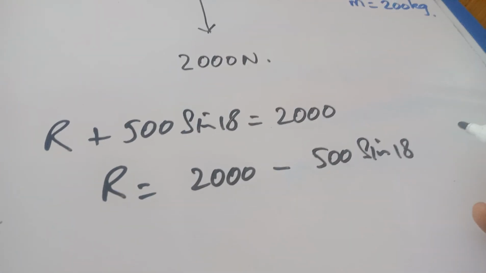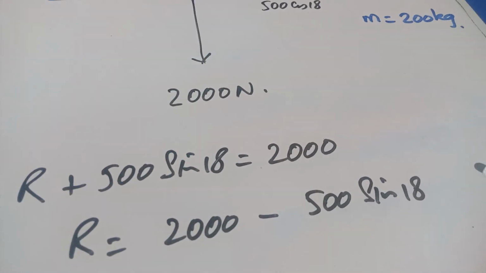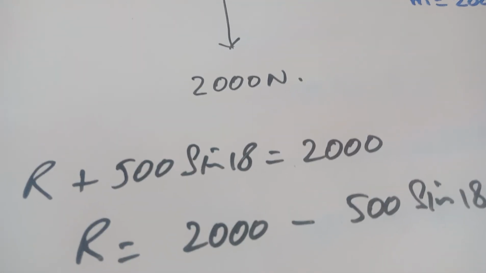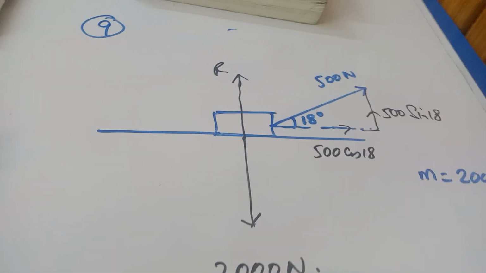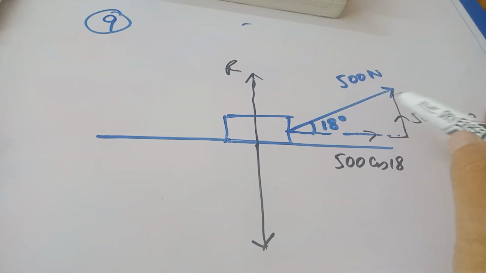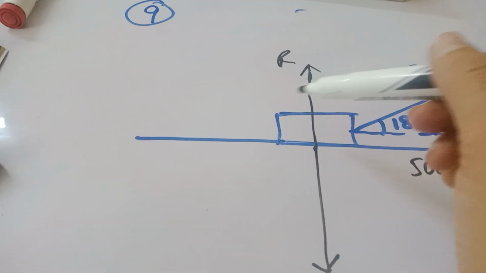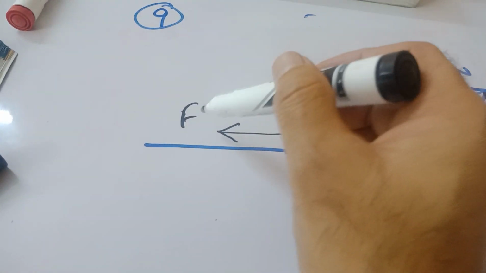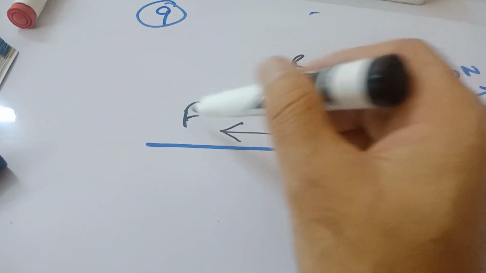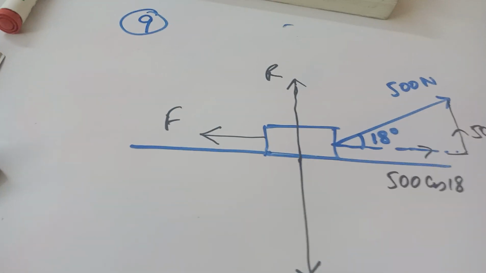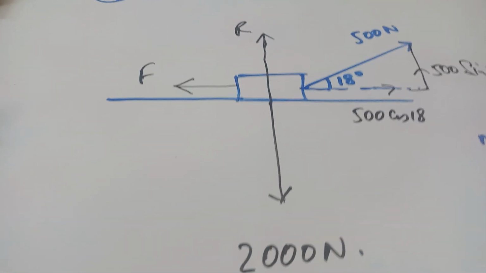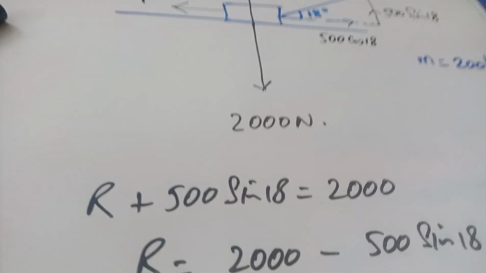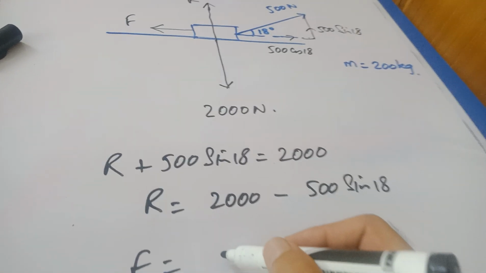And we have to find the coefficient of friction. So what do you think the frictional component is right now? The woman is pulling it to this side, so the frictional force would be here. I normally denote this with X, but I'm just using F for the friction. So F is going to be equal to 500 cos 18.